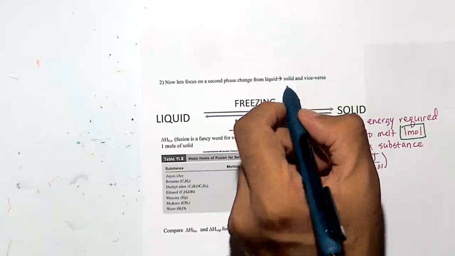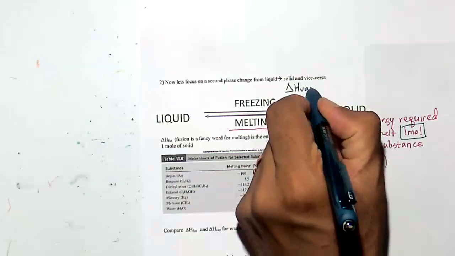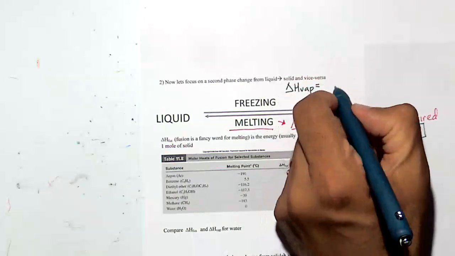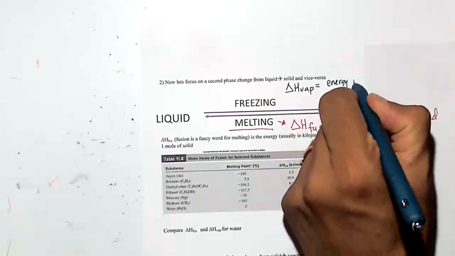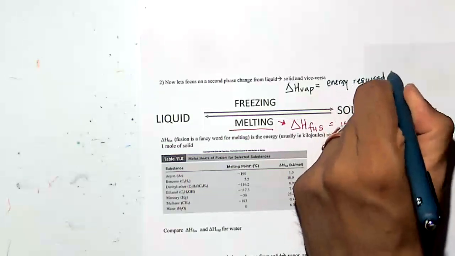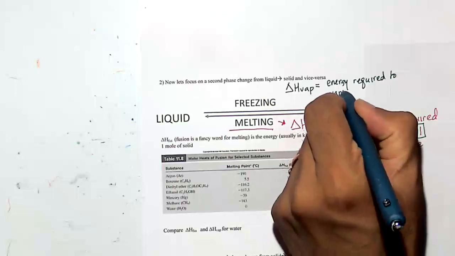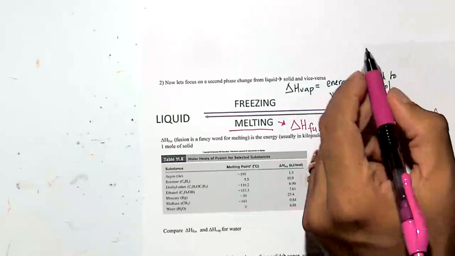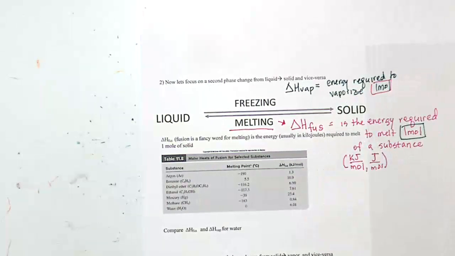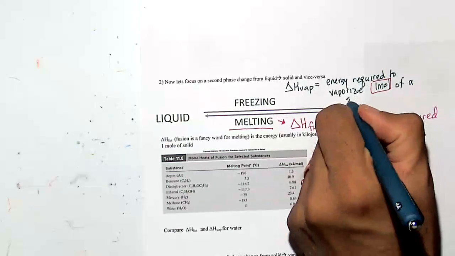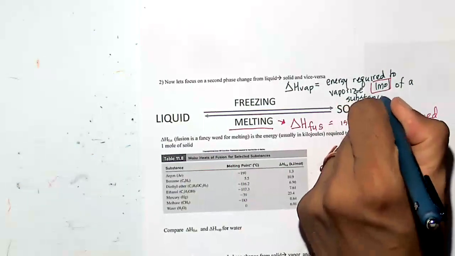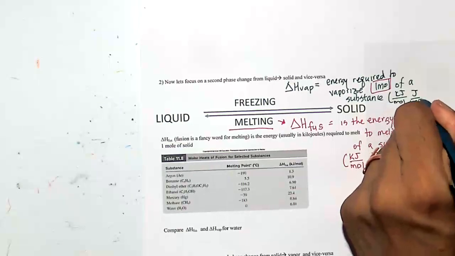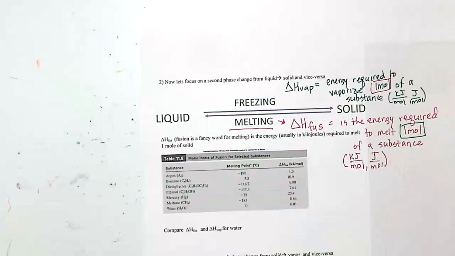What was delta H vap, or delta H vaporization? That was the energy required to do what to 1 mole of a substance? Vaporize. Same thing, kilojoules per mole or joules per mole.